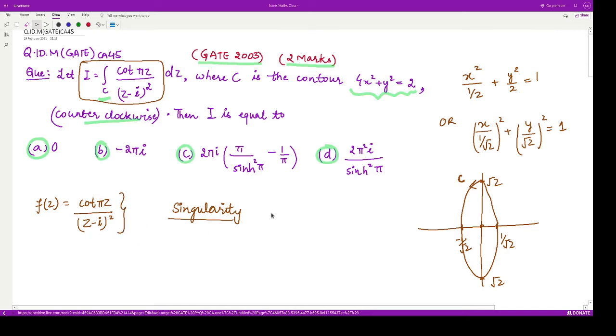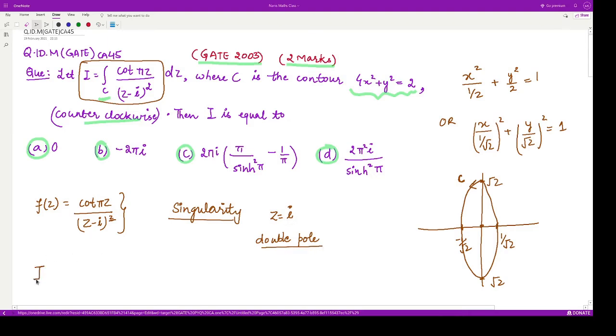We see at z equal to iota we have a double pole. How? Because corresponding to iota, the z minus iota term is present in the denominator with power 2. So that means we have a double pole at this particular point.